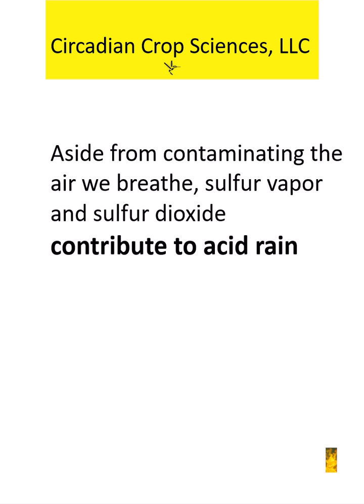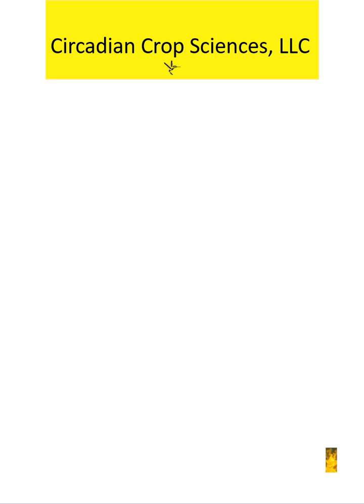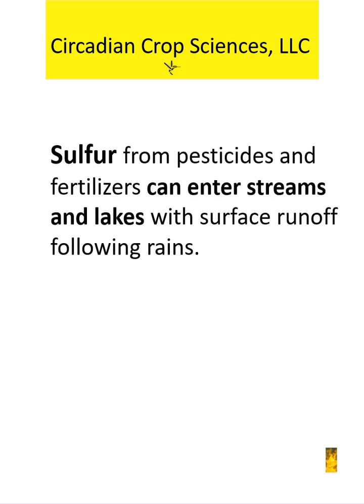Aside from contaminating the air we breathe, sulfur vapor and sulfur dioxide contribute to acid rain. Sulfur from pesticides and fertilizers can enter streams and lakes with surface runoff following rains.